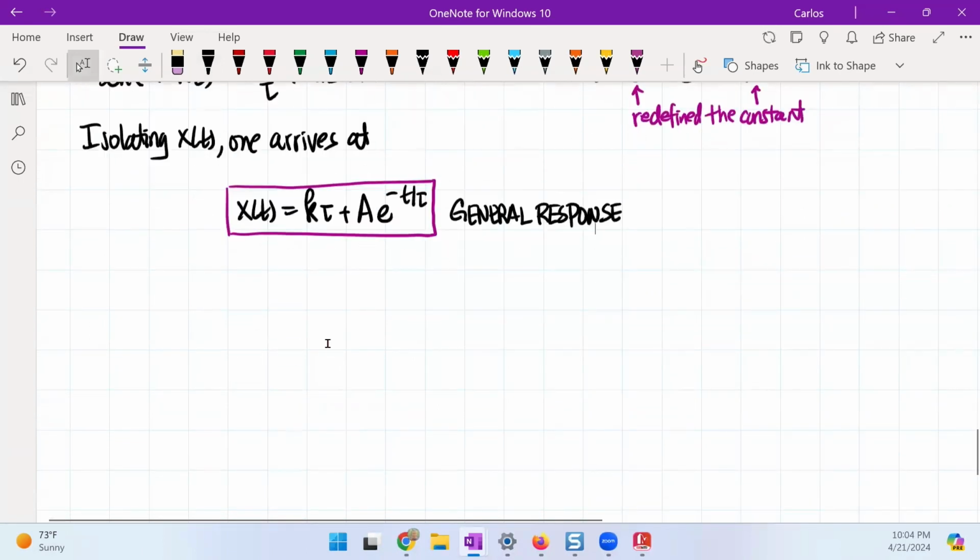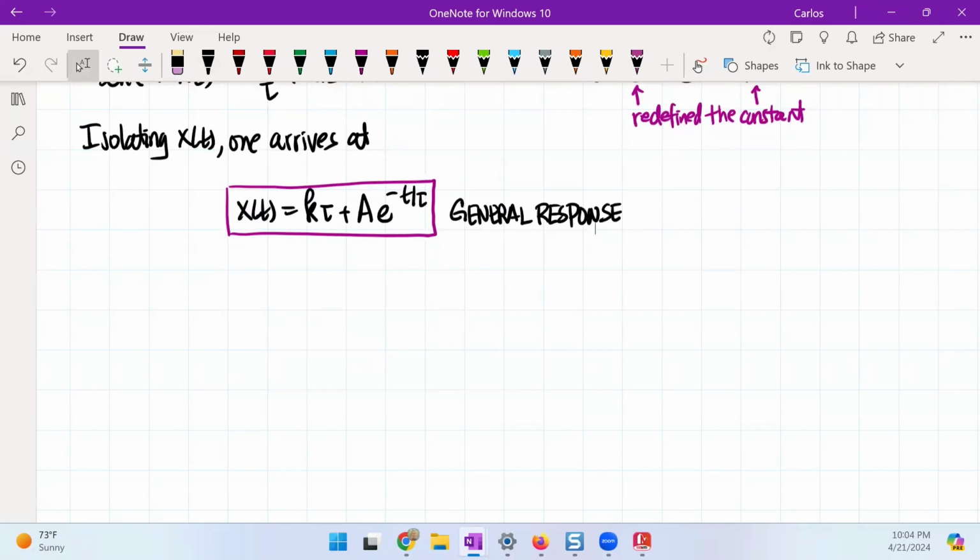So let's talk about the language so that you know where I'm coming from. This is not a solution since we have an unknown constant A. That's why I call it a general solution.